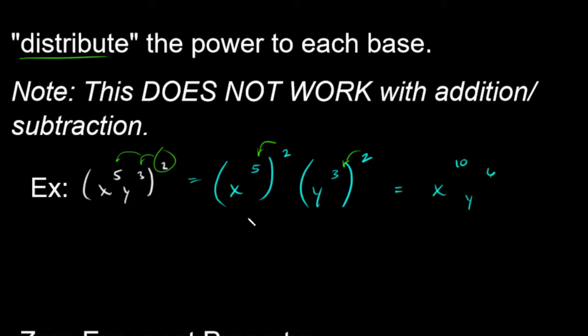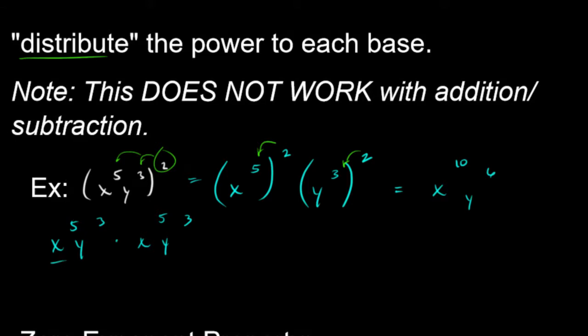And the reason this happens, again, you can keep breaking these properties down to see why, but it happens like this. So we've got x to the 5th, y to the 3rd, right? And that is being squared. That means you're multiplying by itself twice, which is x to the 5th, y to the 3rd times x to the 5th, y to the 3rd, right? So what this gives you is 2 x's being raised to the 5th power each.